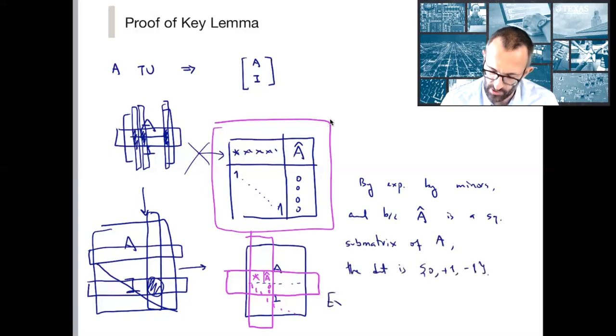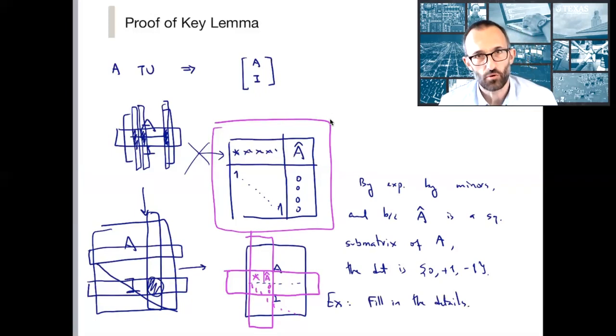And as an exercise, you should fill in exactly the details. What I say expansion by minors, but along what precisely? And then how does this work? So fill in the details of this, because this kind of argument is generally very useful.